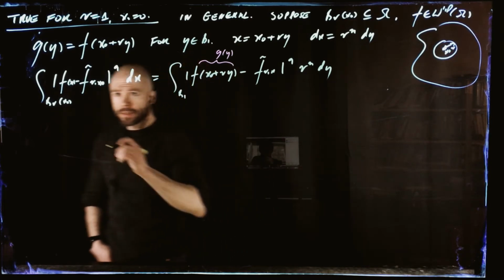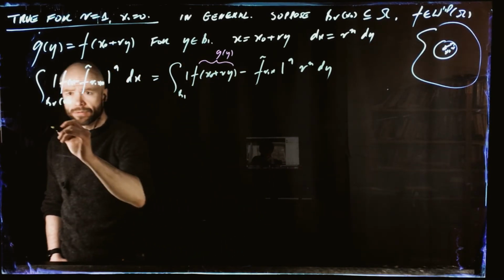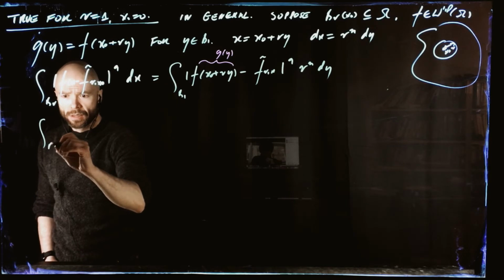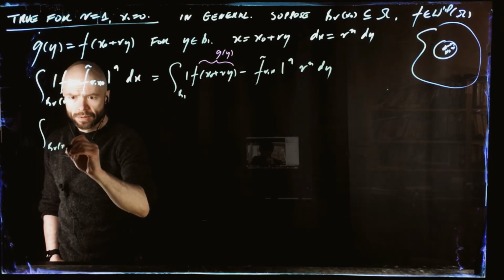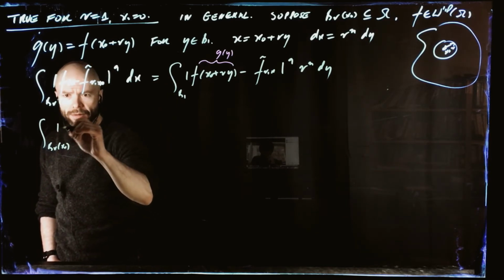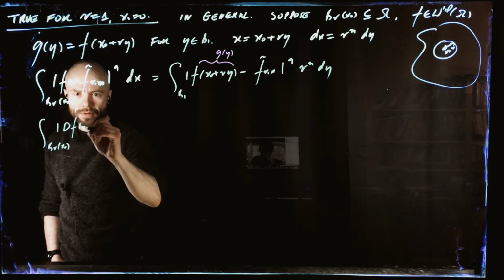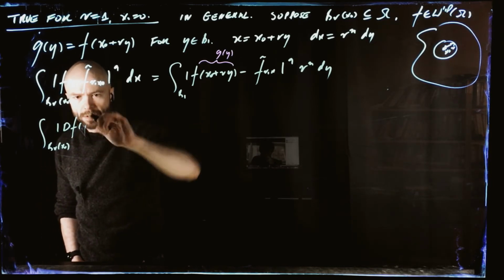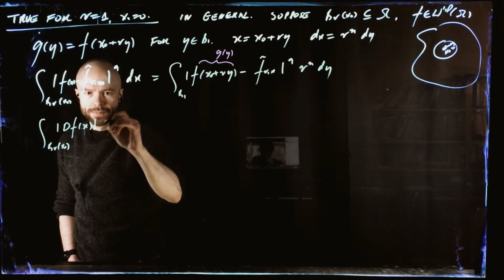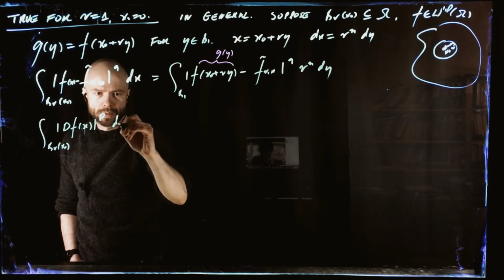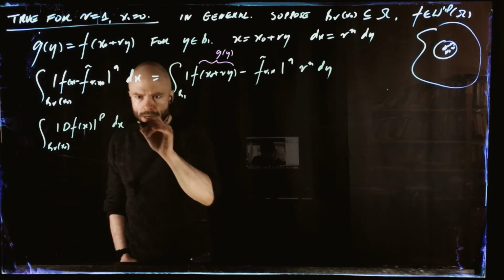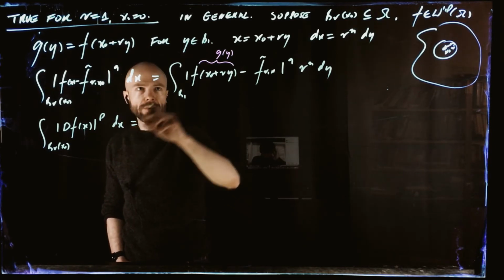Cool. All right, now let's look at the right-hand side of this thing that we're interested in. So let's take the ball of radius r around x0, and let's take the gradient of f of x, like this. And we're doing this to the p dx, and again, let's do the change of variables.